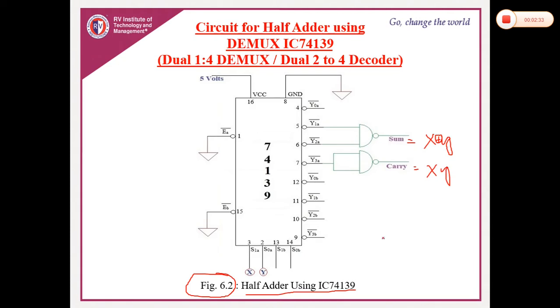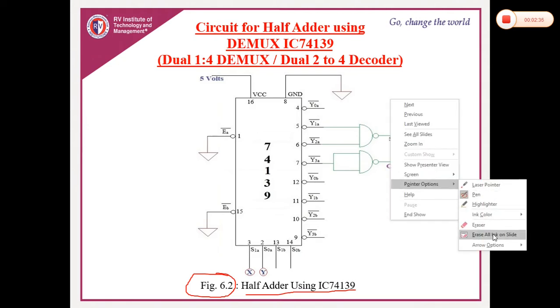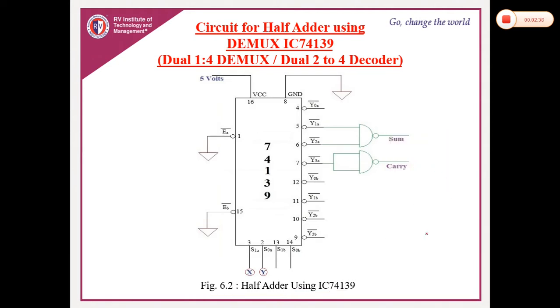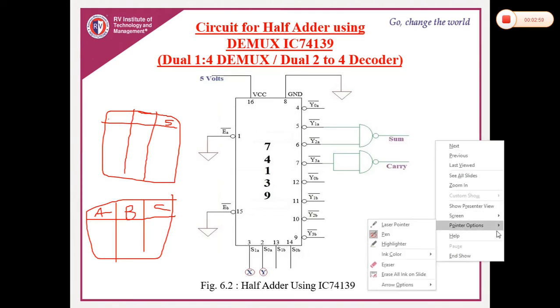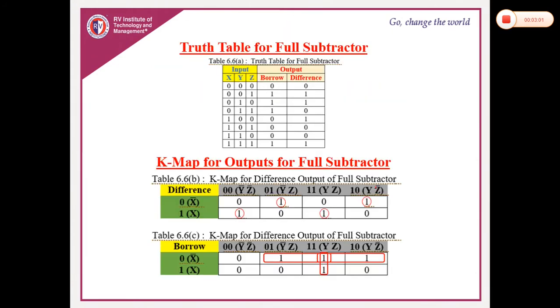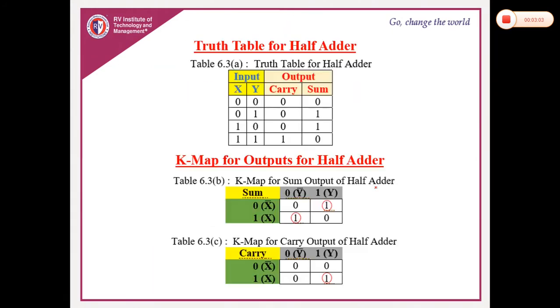For getting this expression, what we need to do? First and foremost, you should remember the truth table associated with this. The truth table associated with this, whatever you got for sum and carry, I'll just show it separately, for all the four combinations. So here you have the half adder.